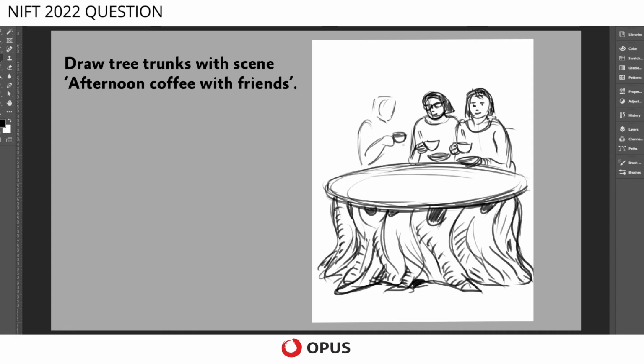Remember, if it says that it's a coffee with friends, it is important that you draw the figure holding the coffee cups and in the required gesture, so that it becomes the solution of the question.